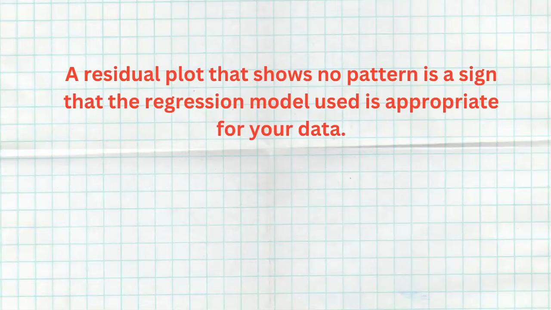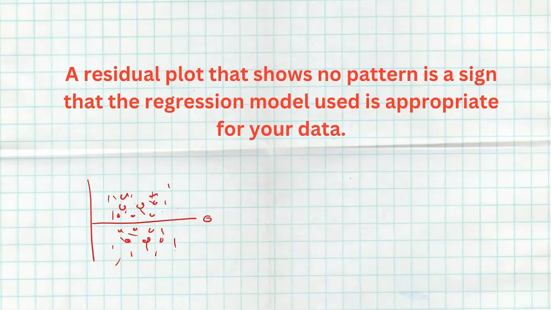And again, a residual plot is what we get if we just graph our residuals. So we're going to see a zero line in the middle, and we're going to see some positive residuals and some negative residuals. Some are small, some are negative but small, some are medium and positive, some are medium and negative, and some are big. That's a good residual plot. Again, it's mixed up. It doesn't show anything. That means your model is going through your data.